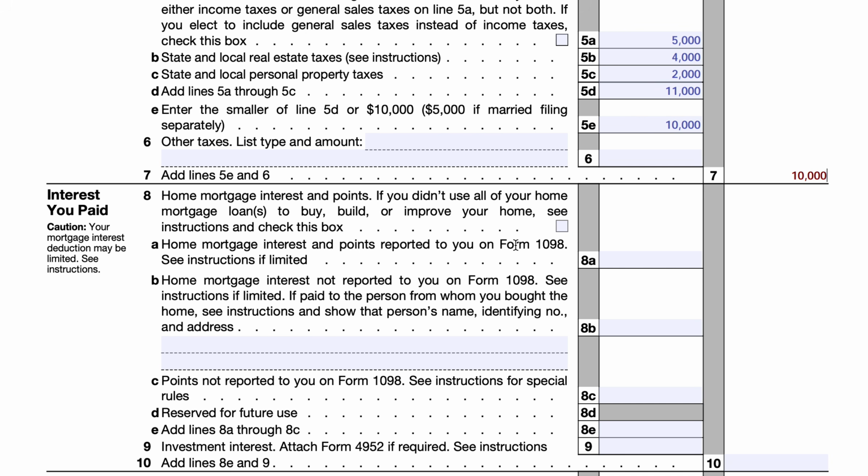If you had a loan that was taken out after December 15th, that limitation goes down to $750,000. And if you're married filing separately, then you would split that, and each spouse would take $500,000 or $375,000 respectively.